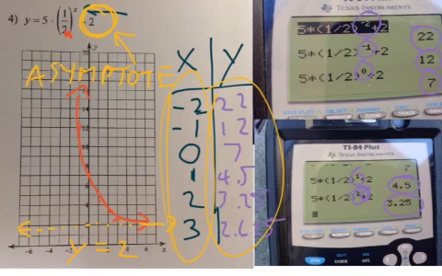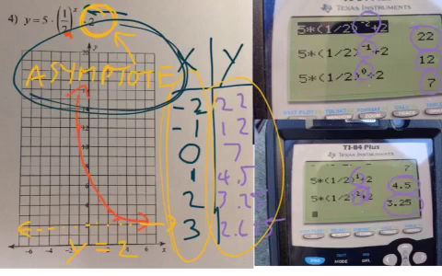And of course, the first problem, I was making sure you understood that we needed a table. We need to know how to use our calculator. We need to know how to find those points and graph it. And hopefully, you're now a little bit more familiar with asymptotes. Until next time, bye.